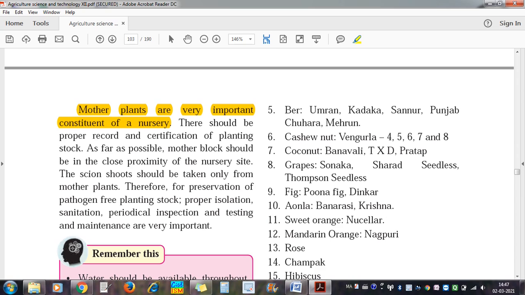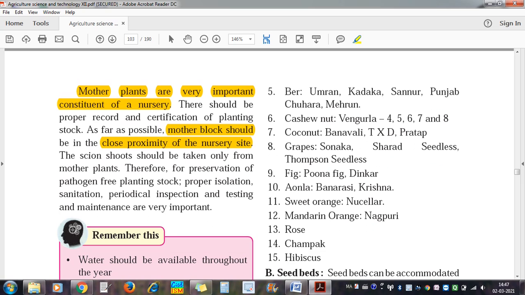So this mother block should be as close as possible to the nursery site. Then there are two things, mother plants and scion plants. Now scion shoots are the small sticks or buds. They are inserted in the mother plant and grow.